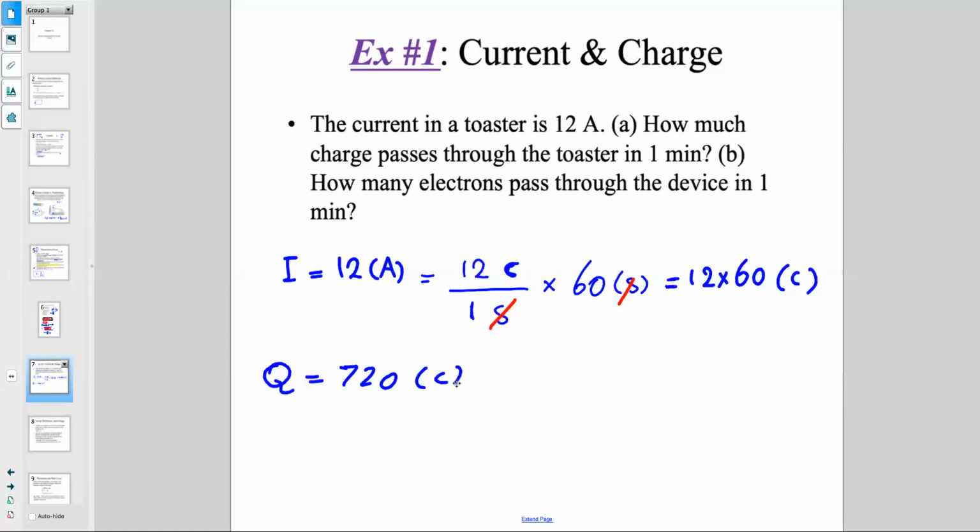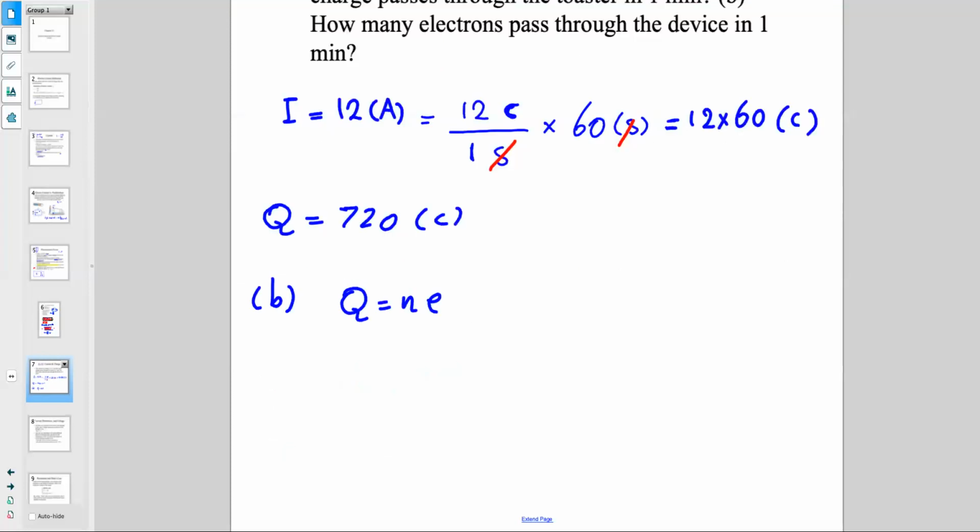Now part B, we know that Q is N times E. So Q is 720. N is the number of electrons. E for an electron is 1.6 times 10 to the negative 19.